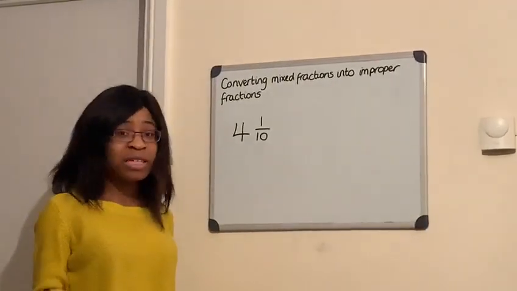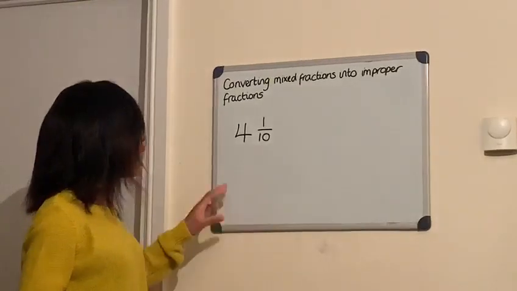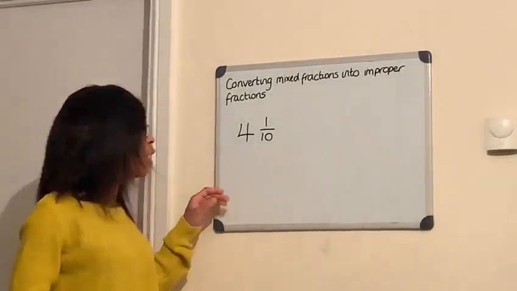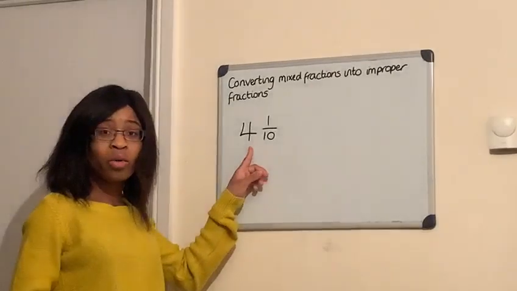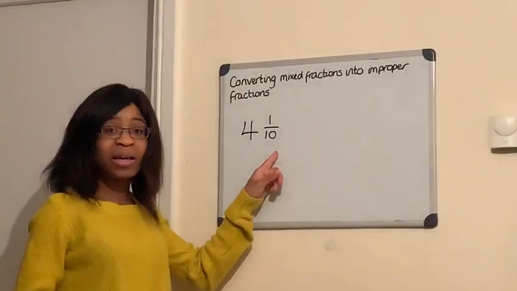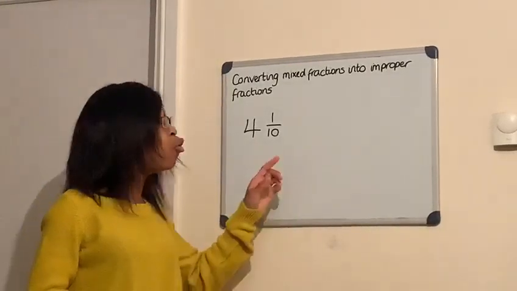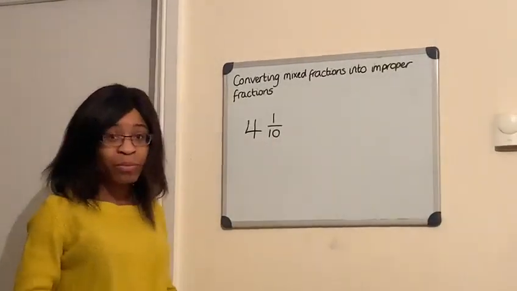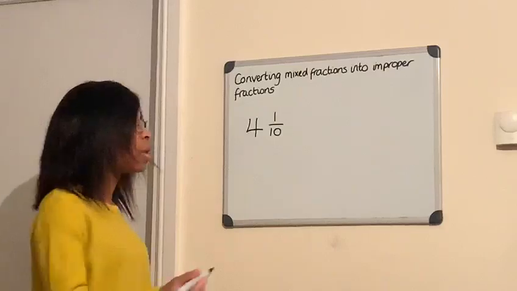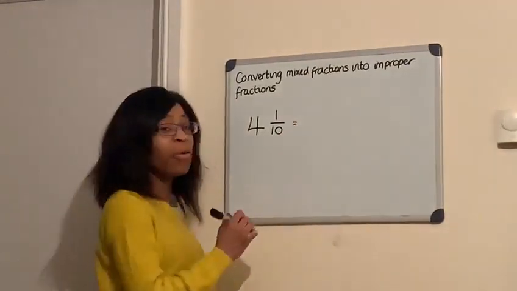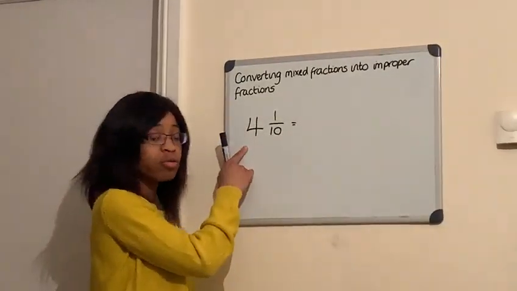Now there's a very simple way, and what you have to do here is multiply the whole by the denominator and then add the numerator, and then you put that all over the denominator. But I'll show you in a simple step. So we've got to multiply 4 wholes.